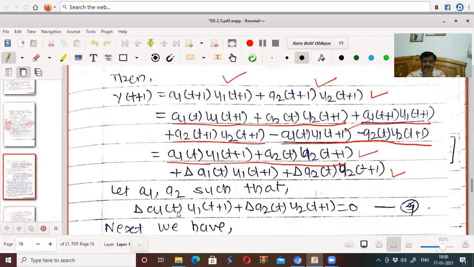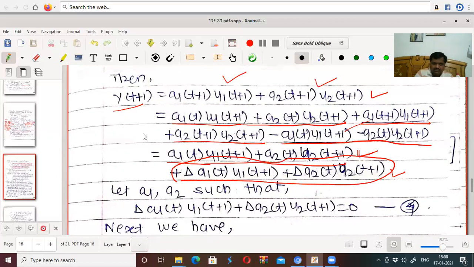Now consider a1 and a2 such that Δa1(t) u1(t+1) + Δa2(t) u2(t+1) equal to 0. That is this whole term. We will consider this term equal to 0. What will happen? Then our y(t+1) becomes only a1(t) u1(t+1) + a2(t) u2(t+1).